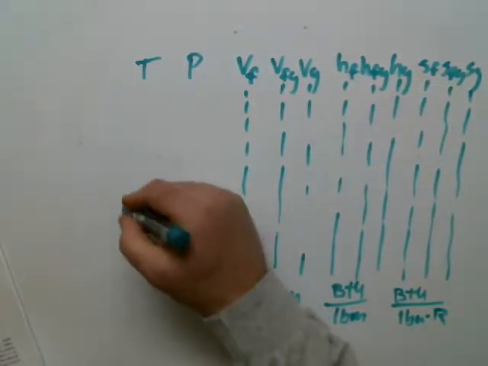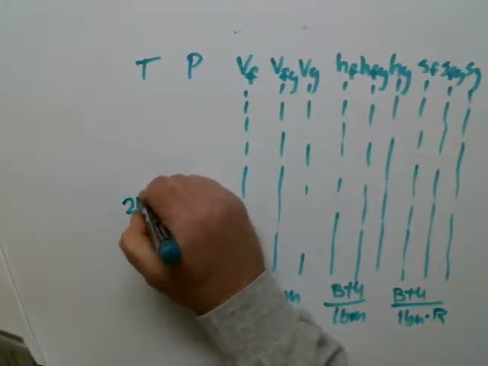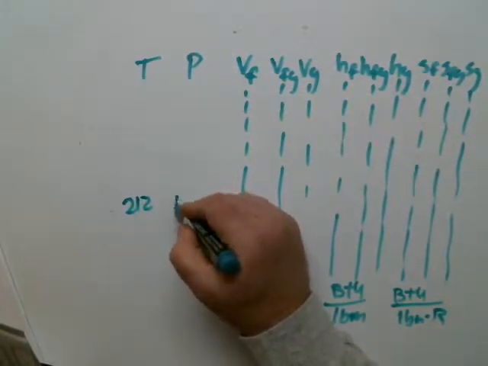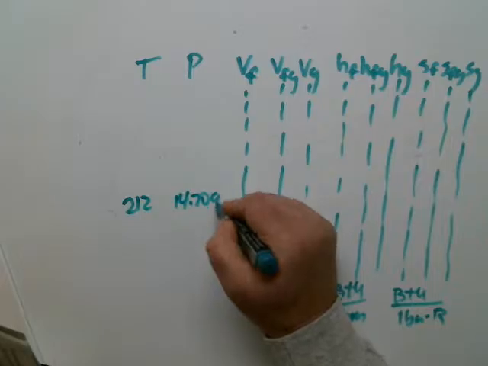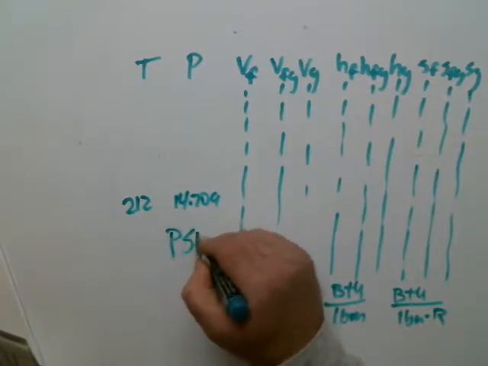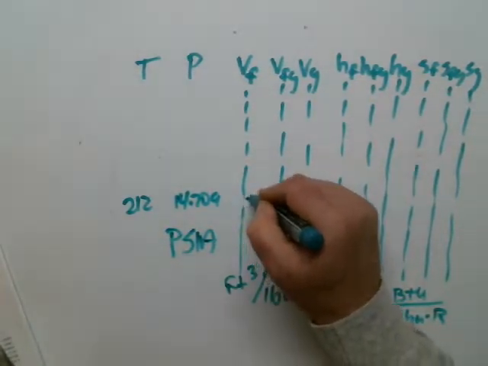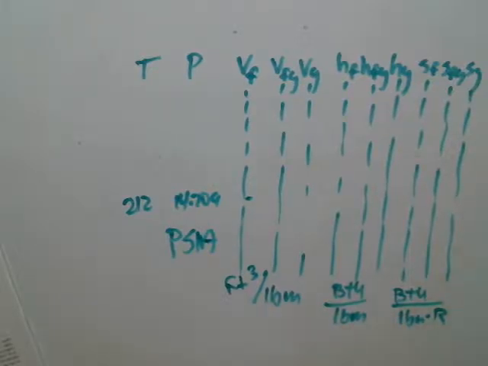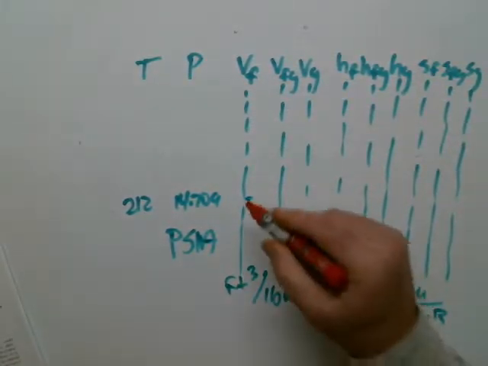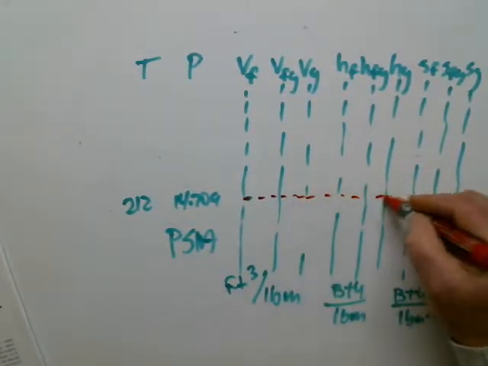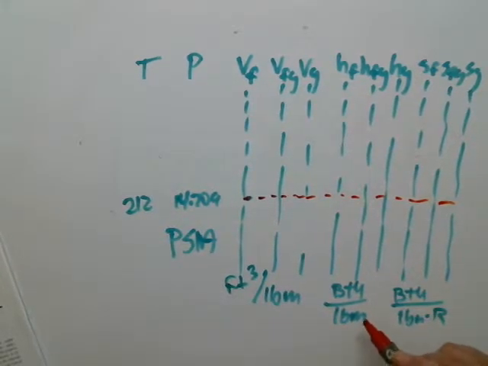So all you do is, we found out that the temperature was 212 degrees, the pressure was 14.709 PSIA, and I can go across and figure out all of the properties of that water or steam at that point.